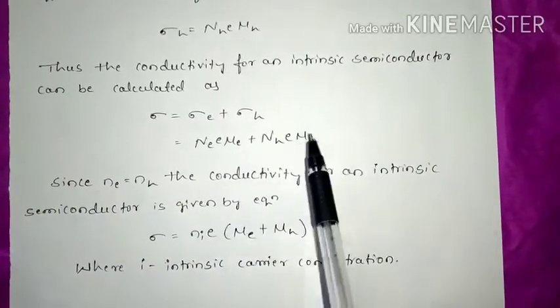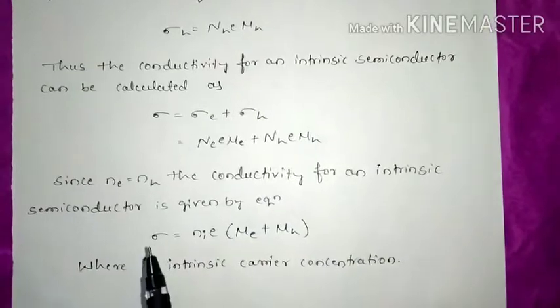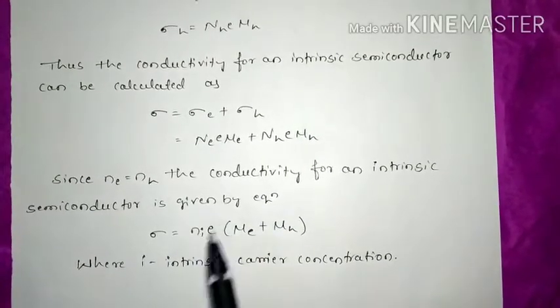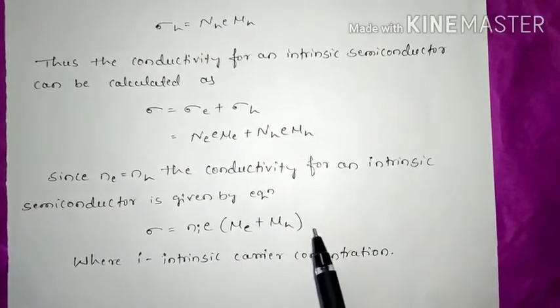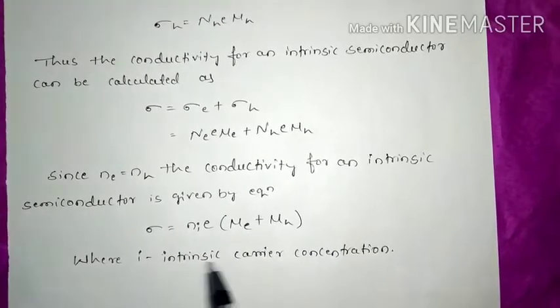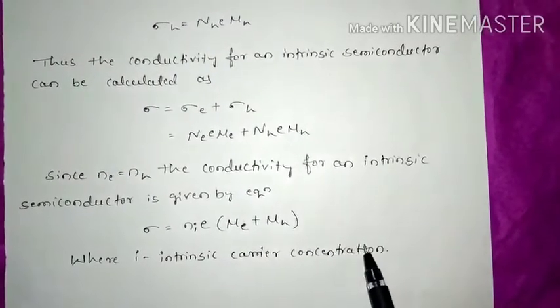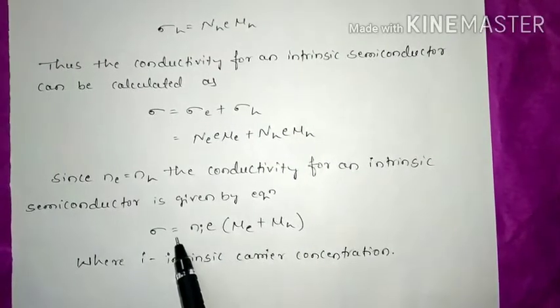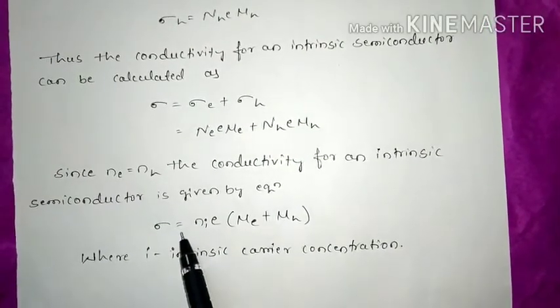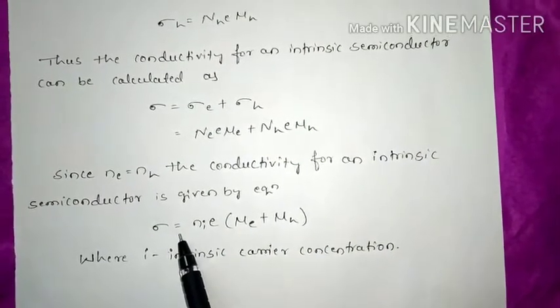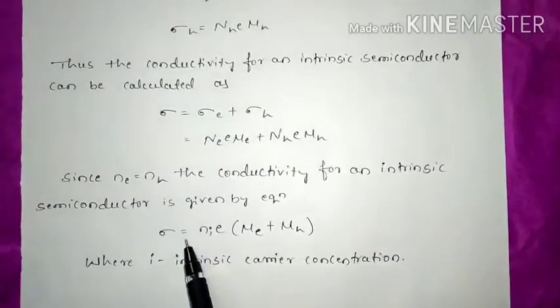It becomes mu e plus mu h. So sigma equals n i e into mu e plus mu h, where i is intrinsic carrier concentration, and this is the expression for the electrical conductivity of an intrinsic semiconductor.